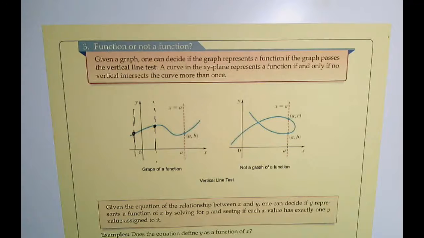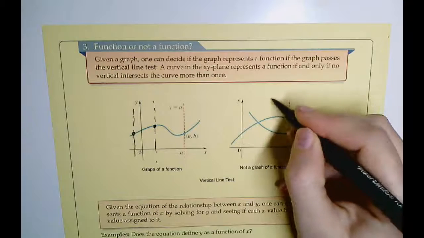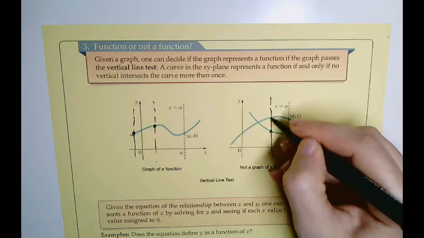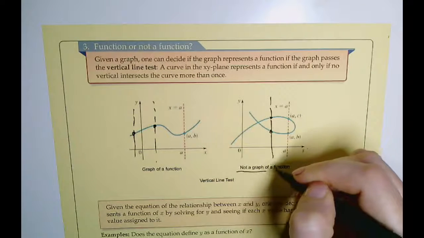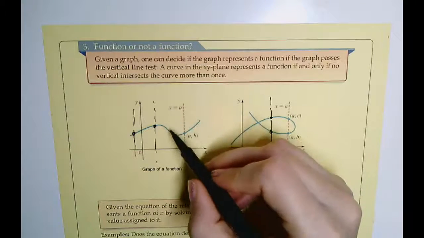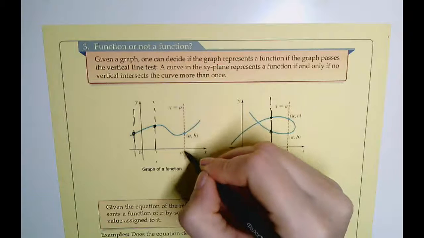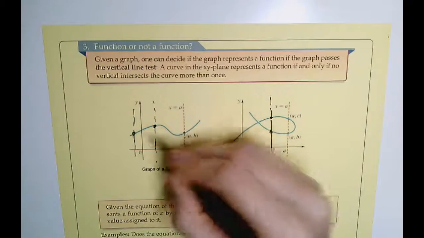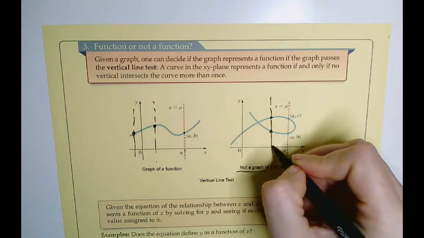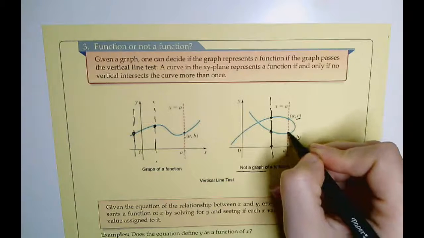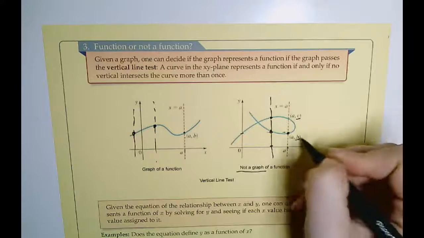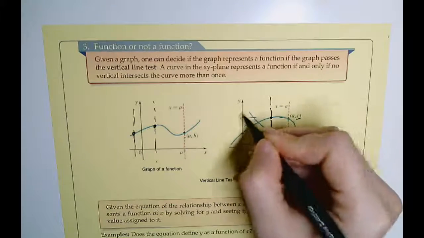But if you draw a vertical line through the second graph, you see that it intersects it twice. So this is not a function. This is the definition of a function: each input corresponds with exactly one output. In this case, this input A corresponds with two outputs, B here and C here.